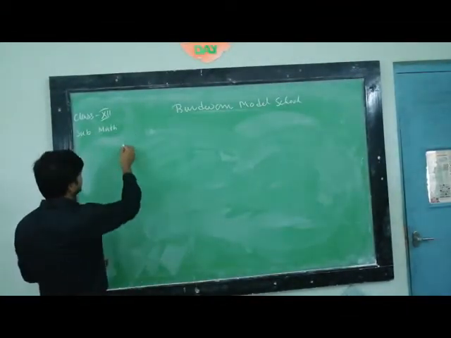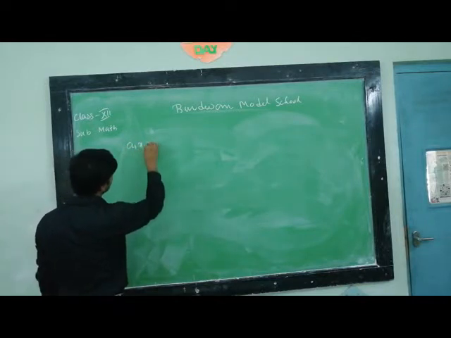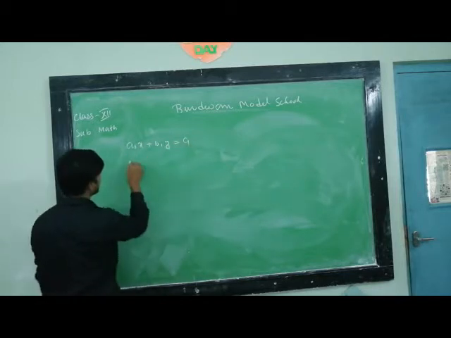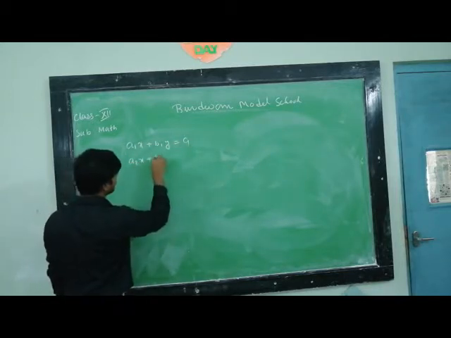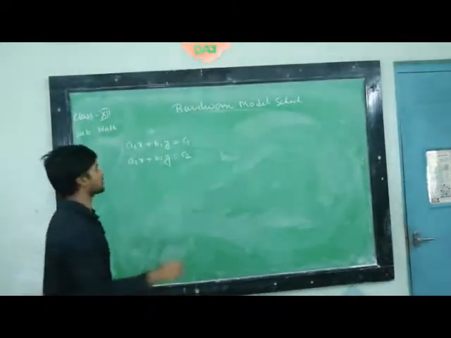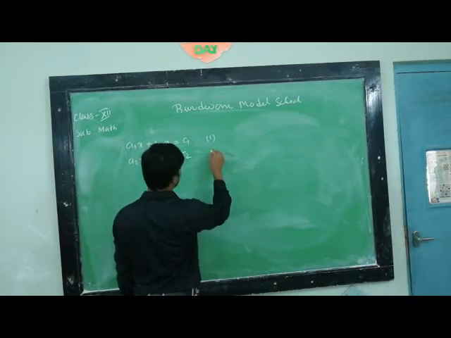Suppose there are a pair of equations a1x + b1y = c1 and a2x + b2y = c2. This is the first equation and this is the second equation.